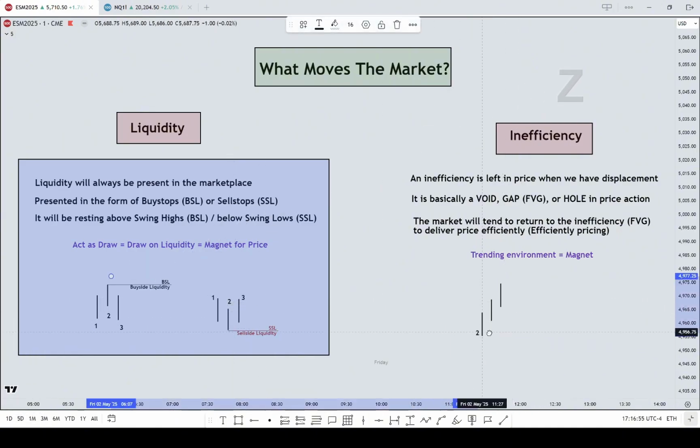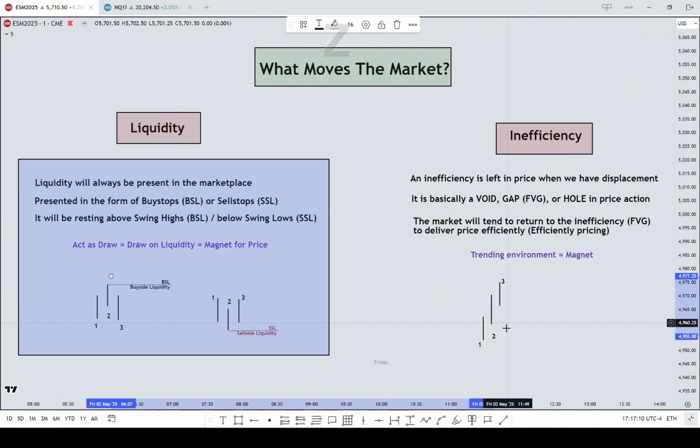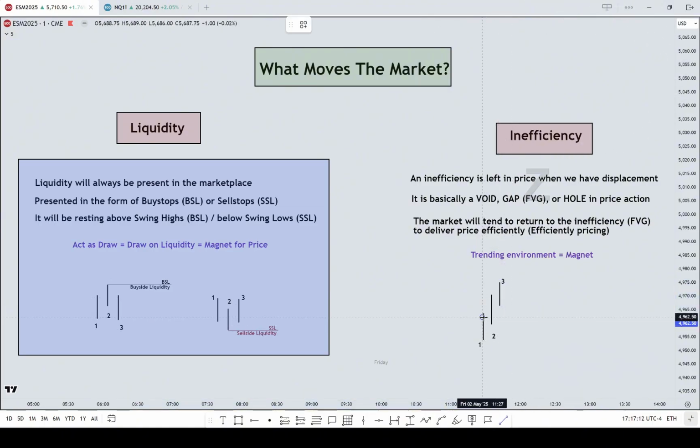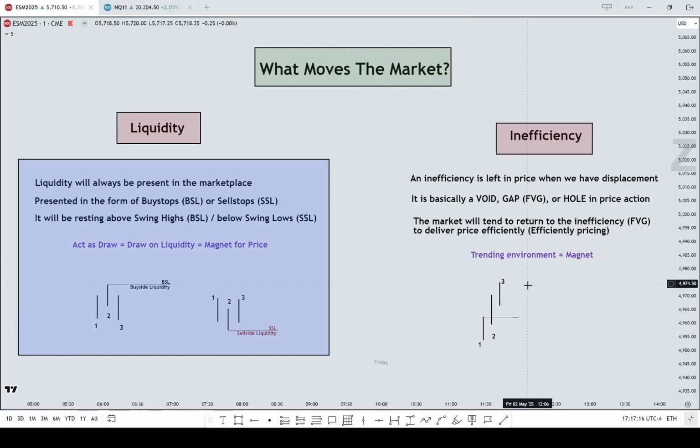It is another three-candle pattern. If the fair value gap or inefficiency is bullish, you expect candle number 1's high not to touch candle number 3's low, and that's where you have a hole, a void or a gap in price action.